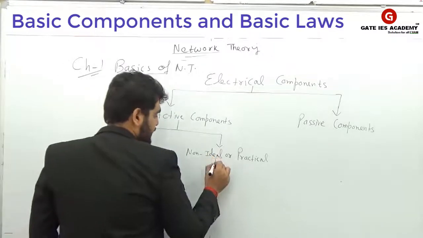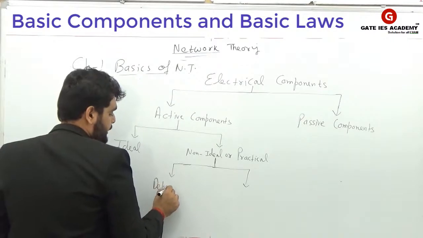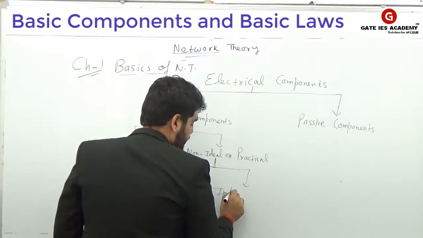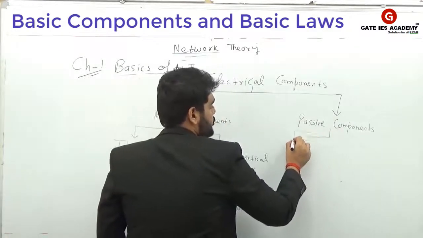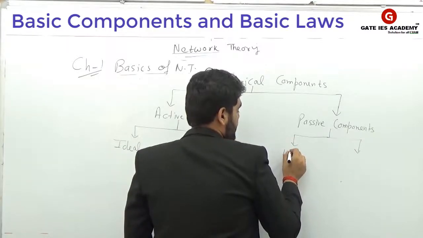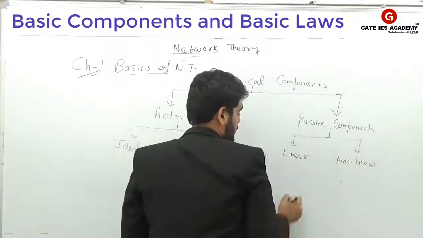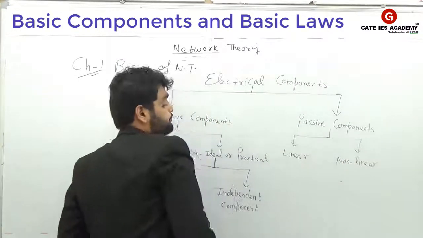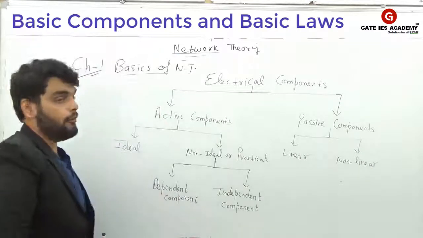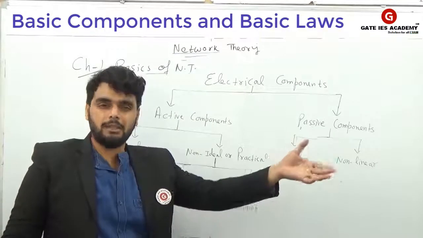Now again, practical components are divided into two parts. First is the dependent component and next is the independent component. Passive components are divided into two parts, linear components and non-linear components.